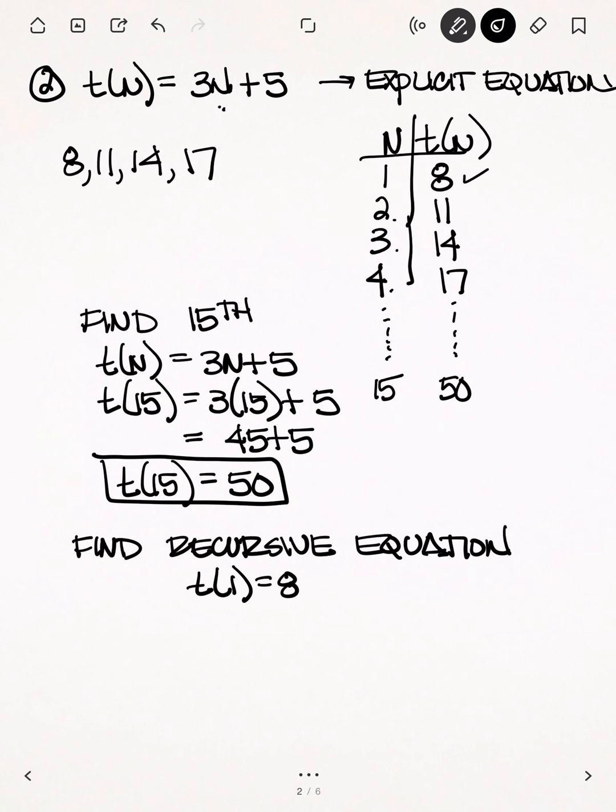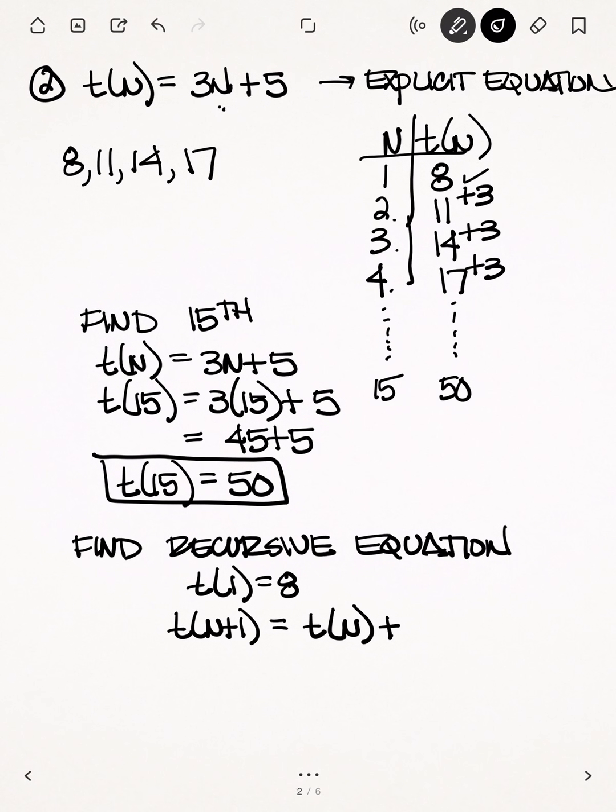And then if I want to write the recursive equation, I'm going to say, well, to find the next term, I would have to have the term that I know, and then I would have to add, well, what did I add each time? Well, let's look up here. You can see in your chart that you added 3 each time. And where did I get the 3 from?